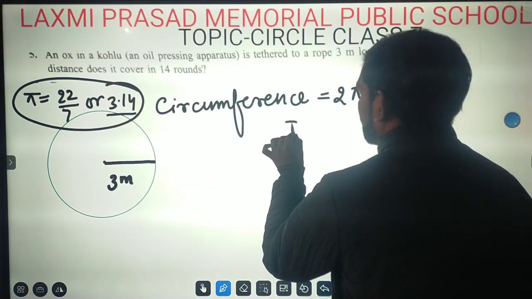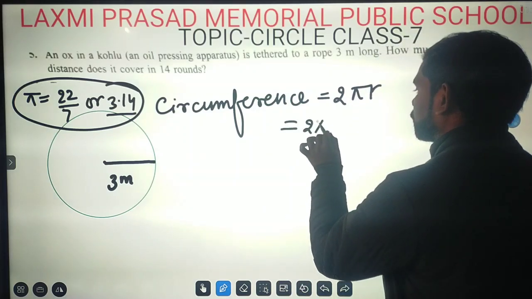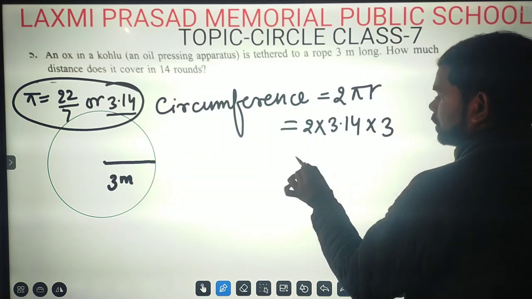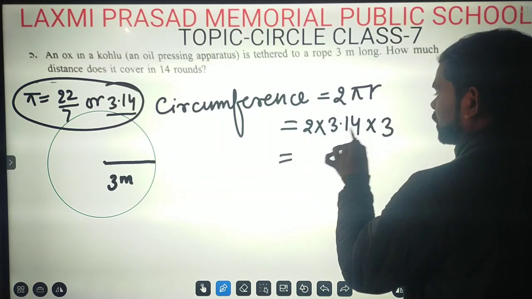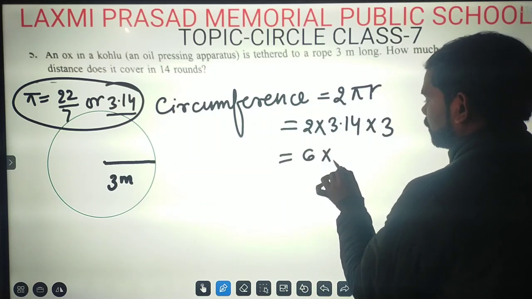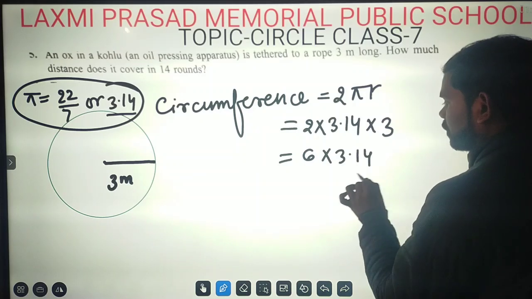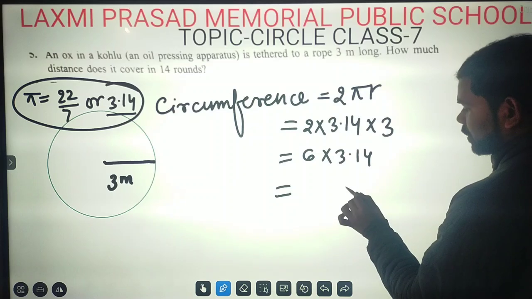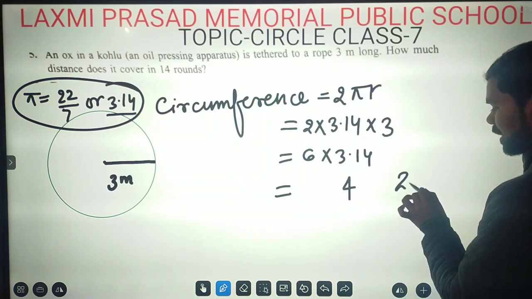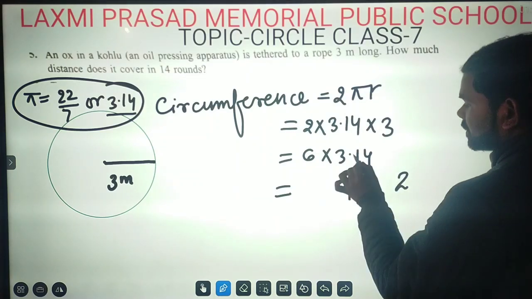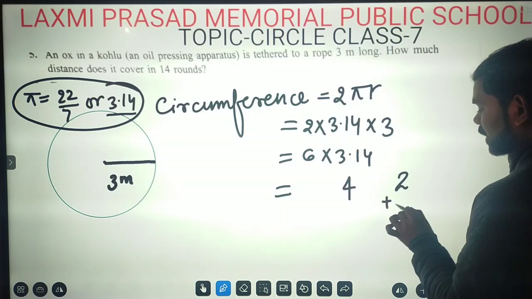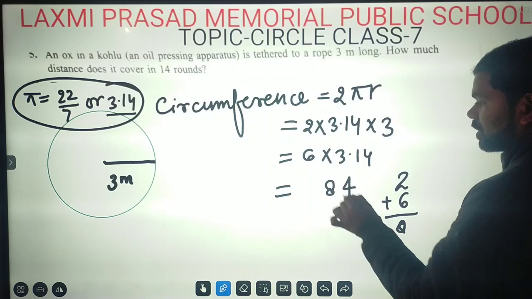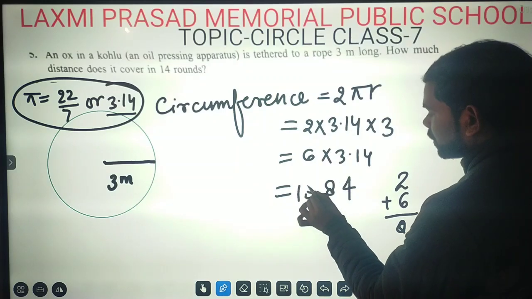So we have 2 into 3.14 into 3. 2 threes are 6, into 3.14. Now multiply: 6 fours are 24, carry 2. 6 ones are 6, and the carry 2 is 8. 6 threes are 18.